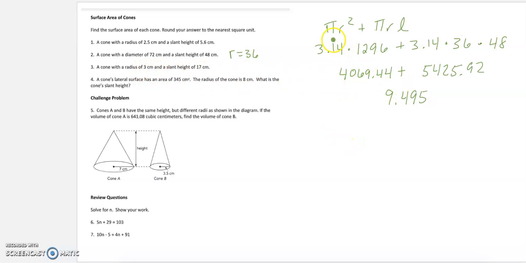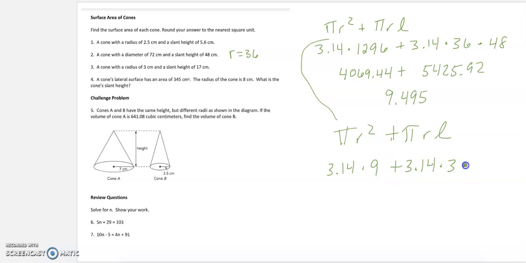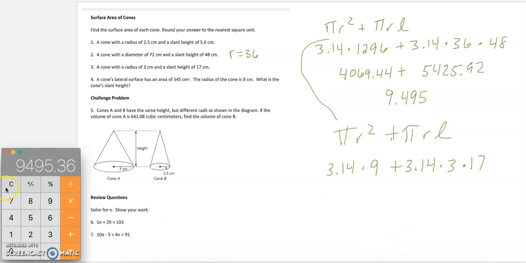So let's go, just using that same formula. So pi r squared plus pi rl. 3.14 times the radius squared is going to be 9, plus 3.14 times the radius, which is 3, times the slant height of 17. So let's do this. 3.14 times 9, 28.26.